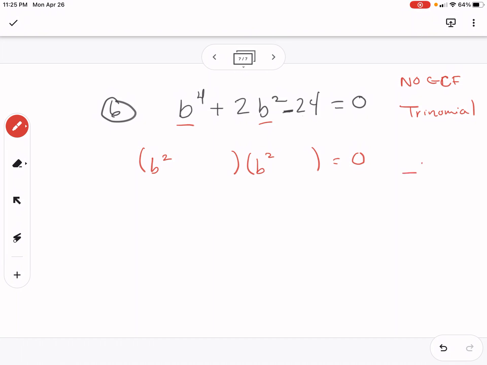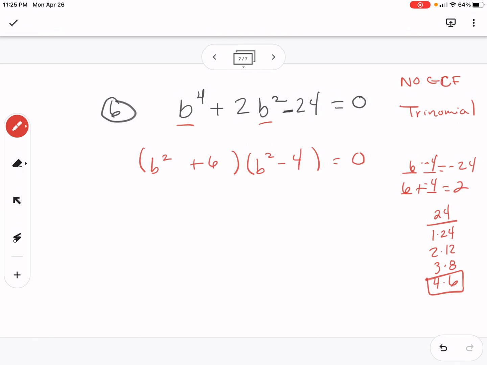And now I can set up my blanks. Now I'm going to make a list of numbers that multiplies to 24. I notice 6 minus 4 will give me 2. So in my parentheses, I can put a positive 6 and a negative 4.